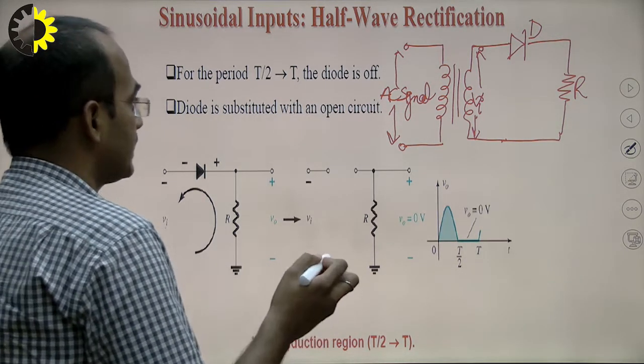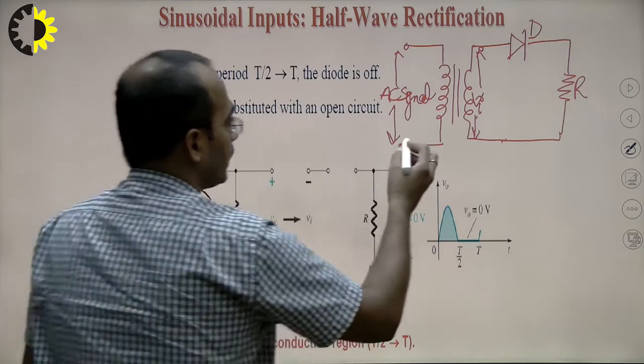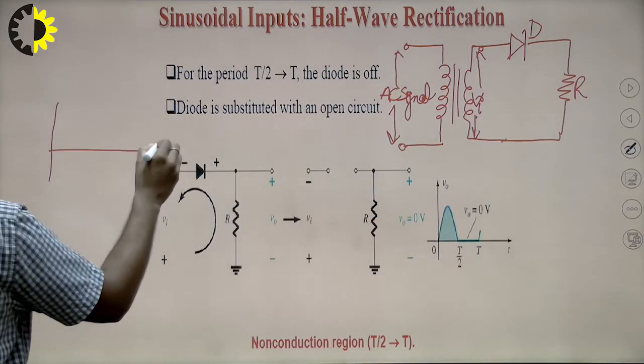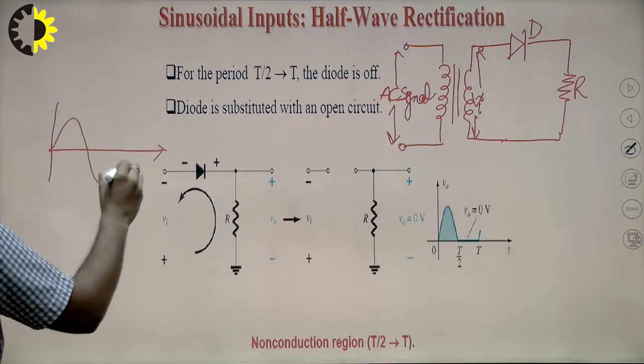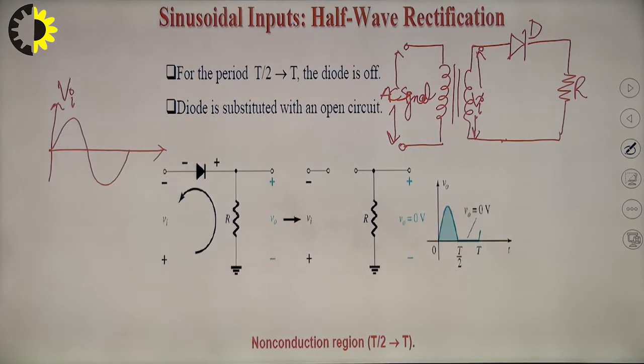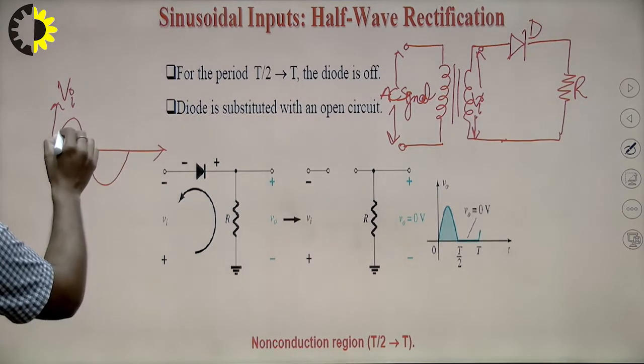Here the input applied is an AC input signal, and in this AC input signal we will apply first the positive half cycle.